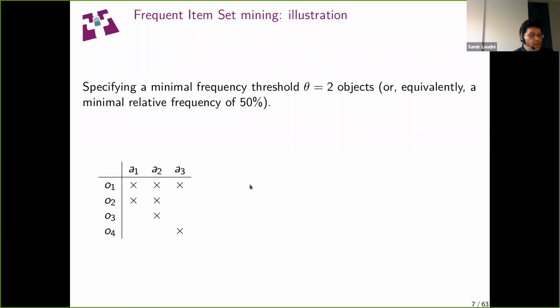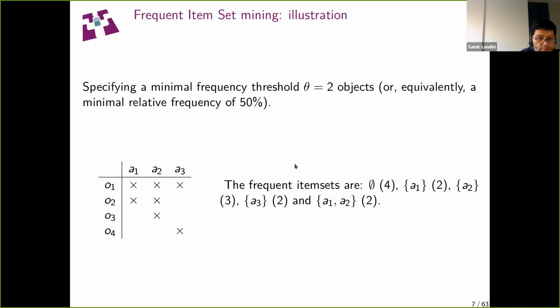For example, if we consider the following transactional database with 3 items, E1, E2, and E3, and 4 transactions represented here by objects 1, 2, 3, and 4, if we set the minimum frequency threshold to 2, we can get 5 item sets.